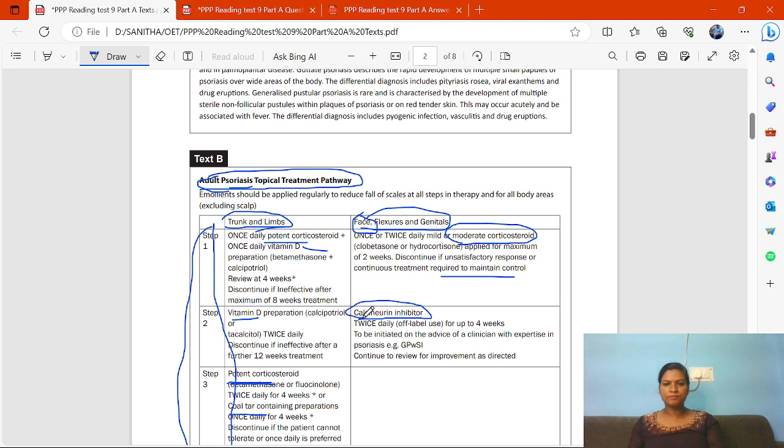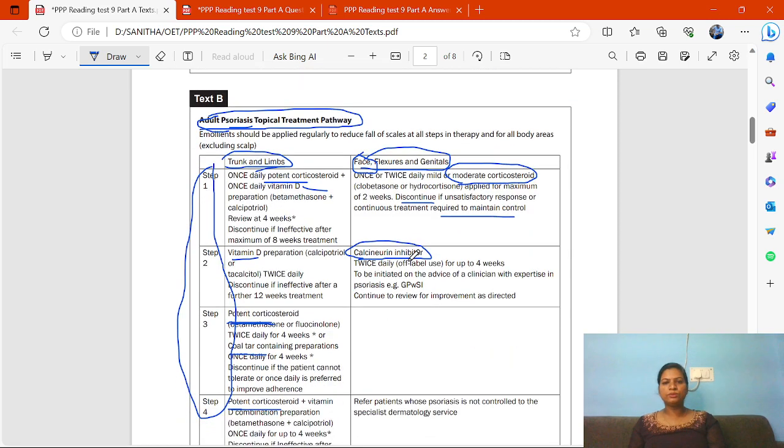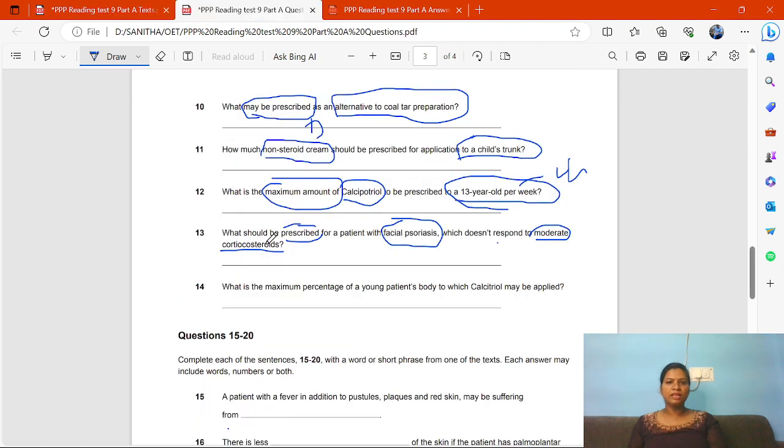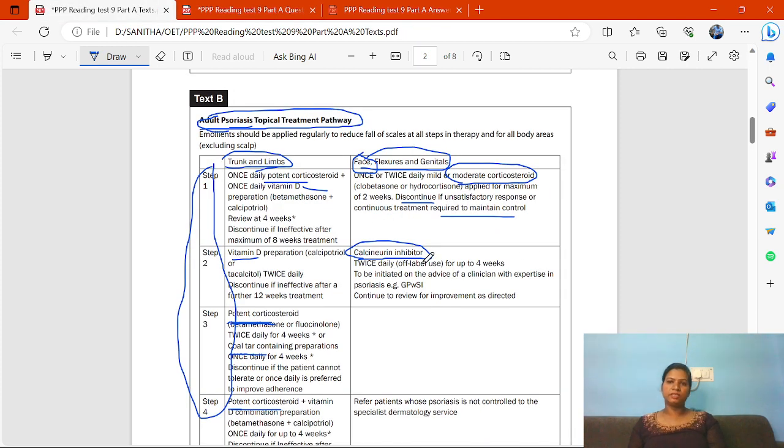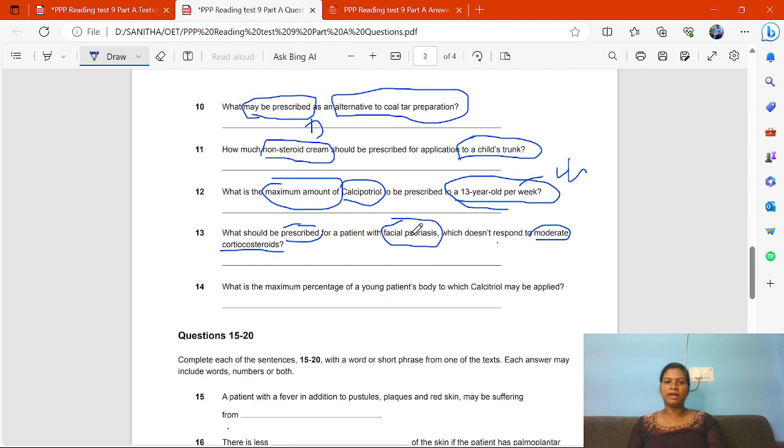So what is the answer? If it is an unsatisfactory response, we have to continue with the calcineurin inhibitor. So what is the answer here? Calcineurin inhibitor. Okay. This is the way you have to find out the answer in OET reading part A.